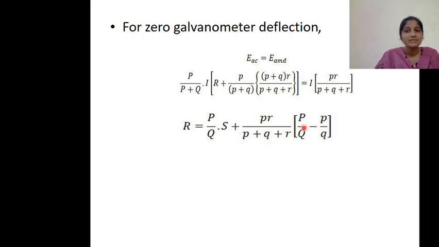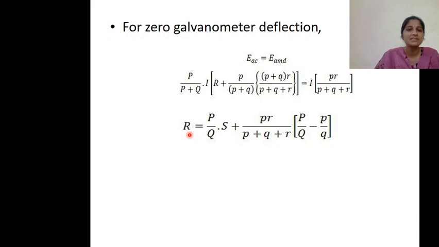If the ratio arms are equal, then there is no impact of the small r. What is this r? r is the lead resistance. So if these two are equal, then the second term will be completely equal to 0 and the equation will be same as the Wheatstone bridge.